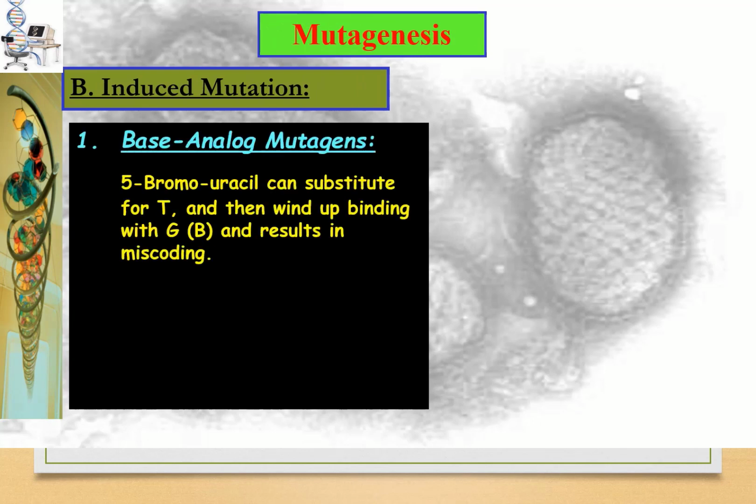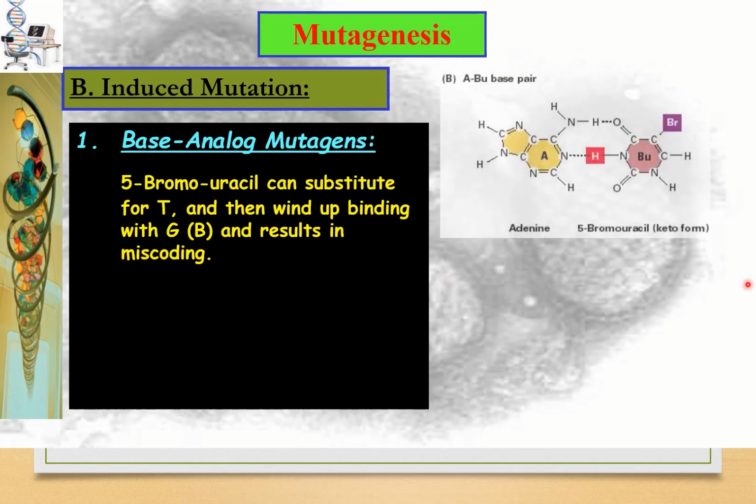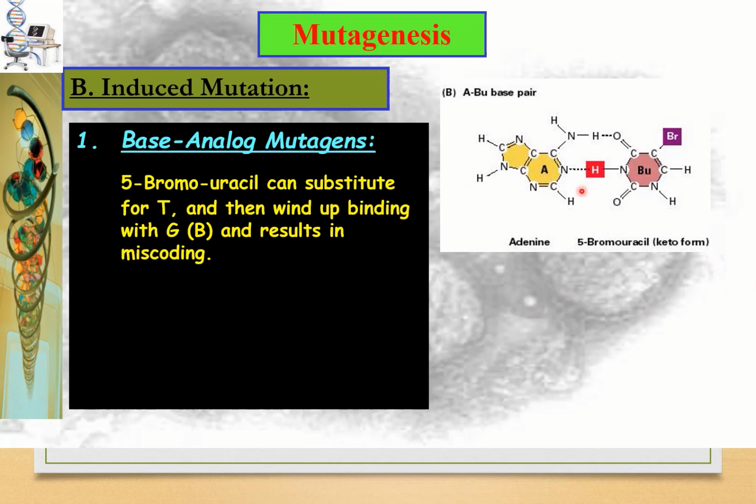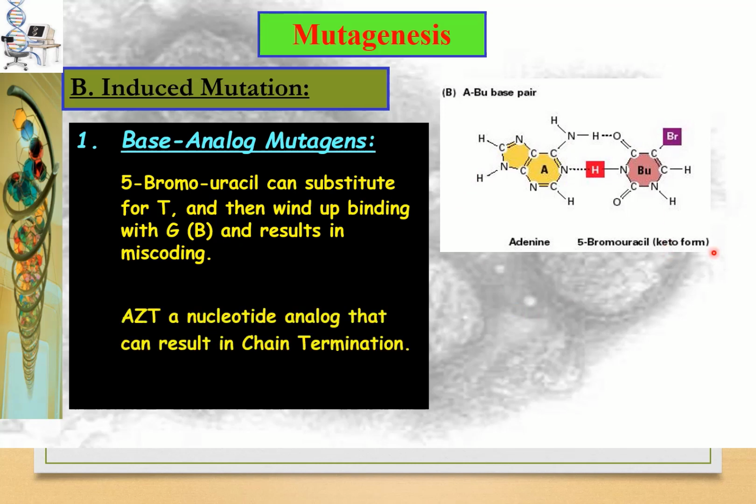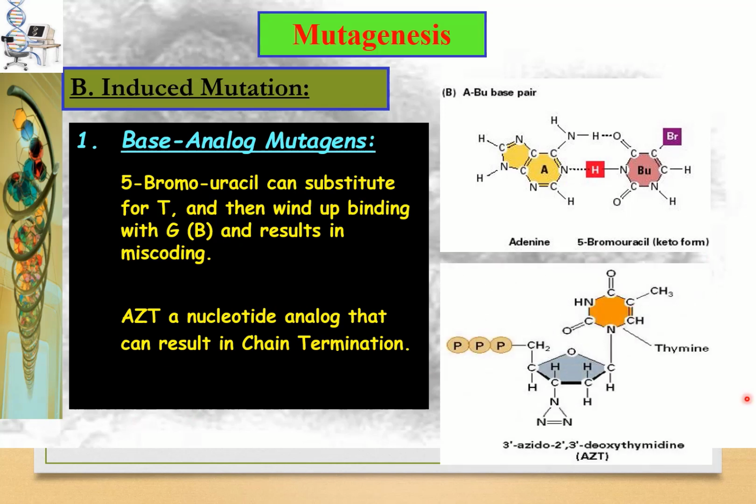Induced mutation: base analog mutagens. Bromouracil can substitute for T and then pair with G, resulting in miscoding. AZT is a nucleotide analog that can result in chain termination.